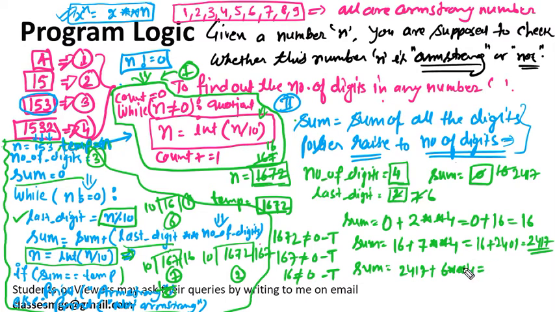Let's calculate it for you. 6 raised to power 4 will be 1296. So if you add 2417 and 1296, you will get 3713.